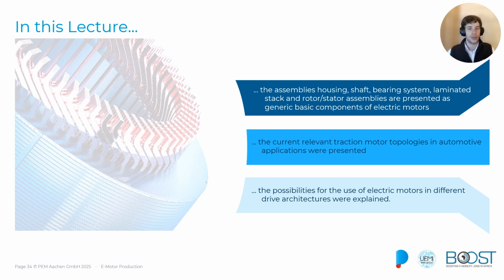In this lecture, the current relevant traction motor topologies in automotive applications were presented. In this lecture, the possibilities for the use of electric motors in different drive architectures were explained.